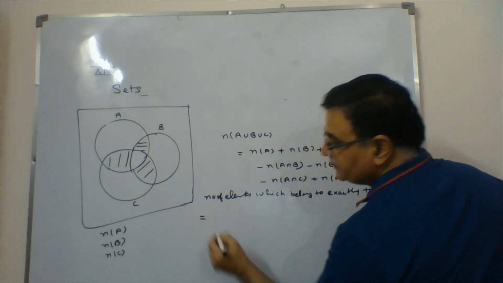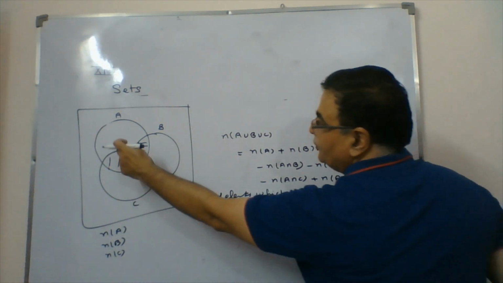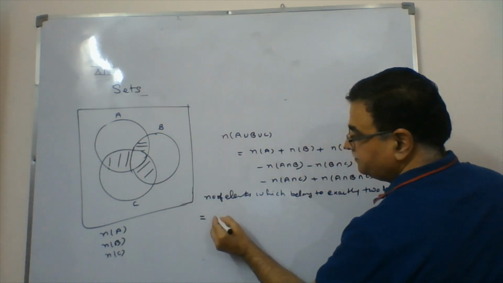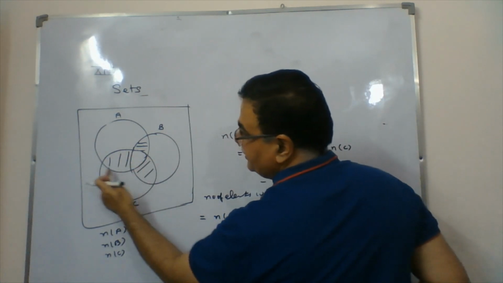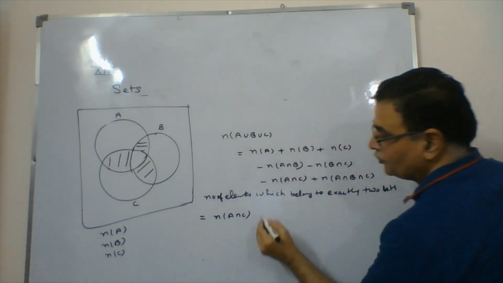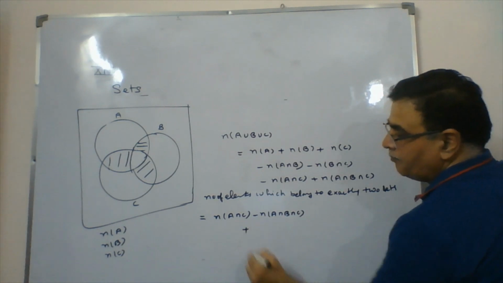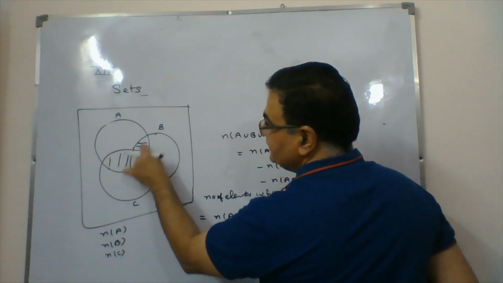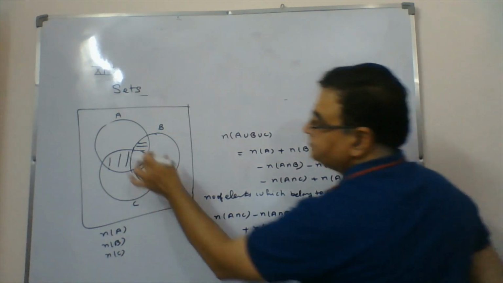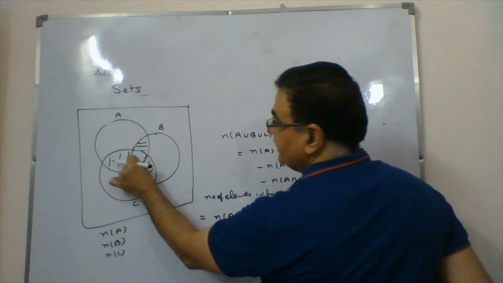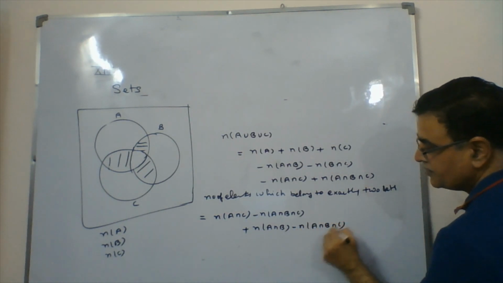So when you want this portion, how do you calculate it? Just check here. This will be A intersection C. This was complete A intersection C, but this we don't want, so we subtract N(A intersection B intersection C). Plus, second time I'll take this: N(A intersection B), complete. From this again we don't want this portion, so N(A intersection B intersection C).